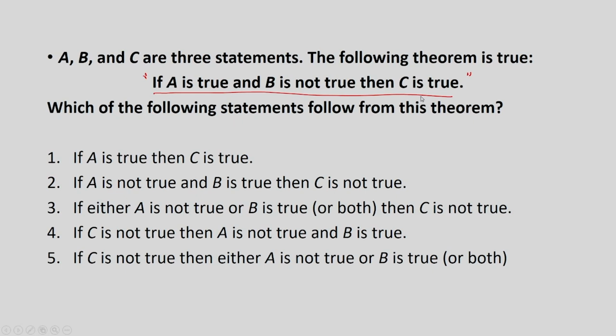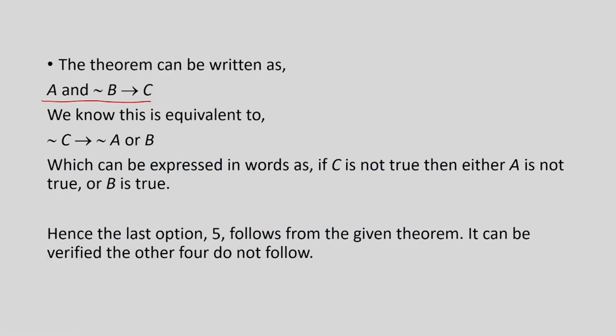So, that is why I have written it in short form as A and not B implies C. Okay. Now, as we know, this sort of statement is equivalent to this statement, that not C implies not A or B.